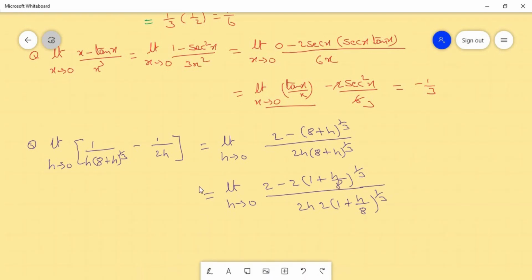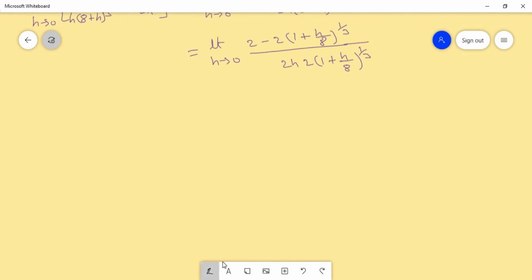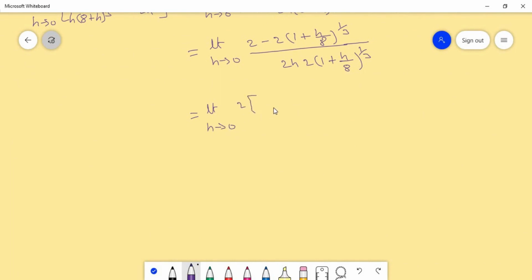Right? Now, limit h tends to 0. Taking 2 common in the numerator, 1 minus, apply L'Hospital rule, minus 1 minus h by 8 into 3. In the denominator, 4 into h. Apply binomial approximation, h by 8 into 3. So here 2 times cancel.